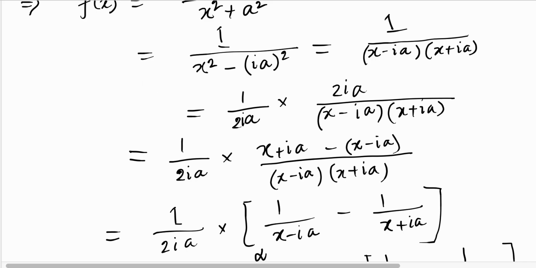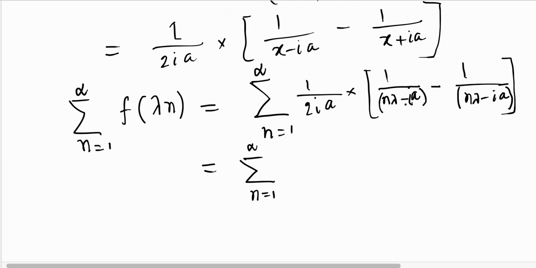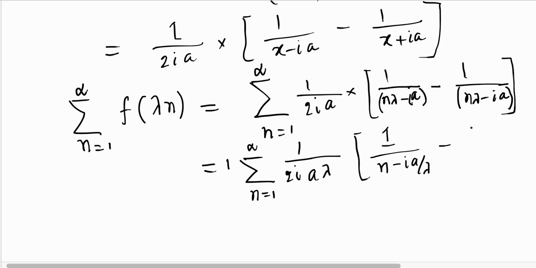If I take 1 by lambda common here, we get 1 by 2ia lambda, into 1 by (n minus ia by lambda) minus 1 by (n plus ia by lambda).